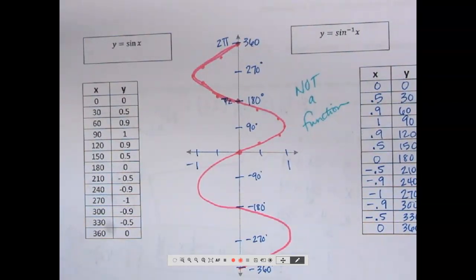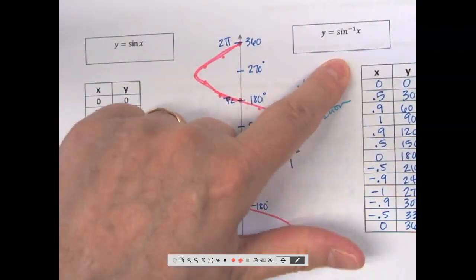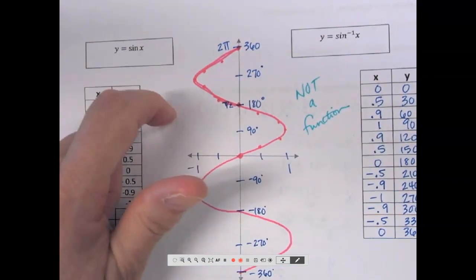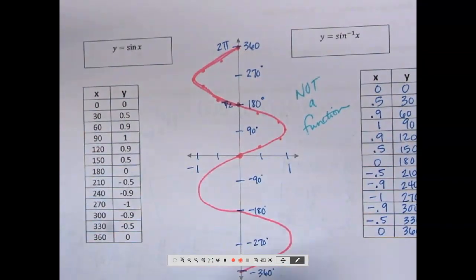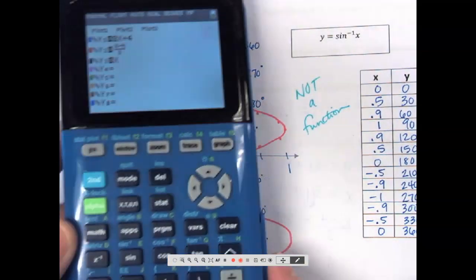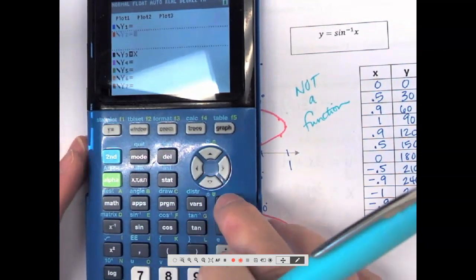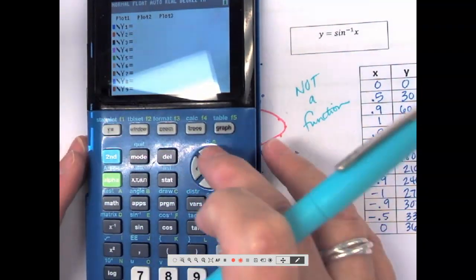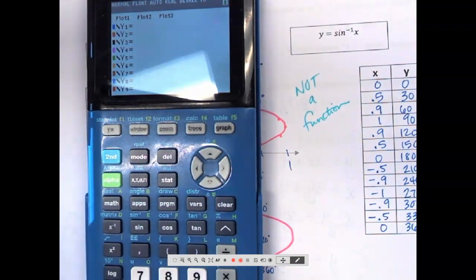And what I want to do next is take your graphing calculator and let's graph sine inverse and see what the calculator gives us. Okay, so how do I get sine inverse? Do you see it on your screen?